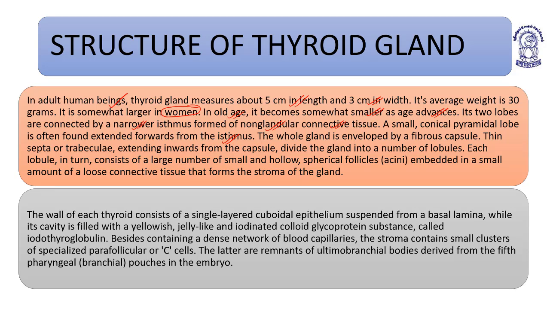Its two lobes are connected by a narrower isthmus formed of a non-glandular connective tissue. Okay, so the isthmus is made up of non-glandular connective tissue. It's like this.